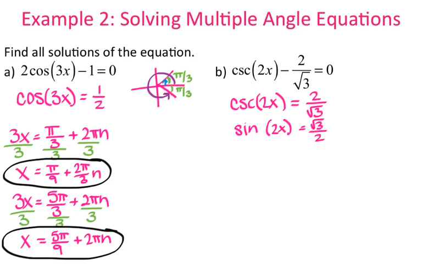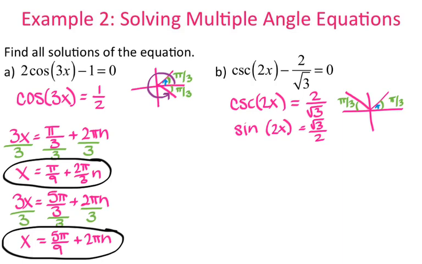So sine is my y-coordinate. My y-coordinate is positive in these two quadrants. I have to find my reference angle where my y-coordinate is root 3 over 2, and that is at pi over 3, using your hand trick. Okay, so my first angle is this one in blue, which is just pi over 3.